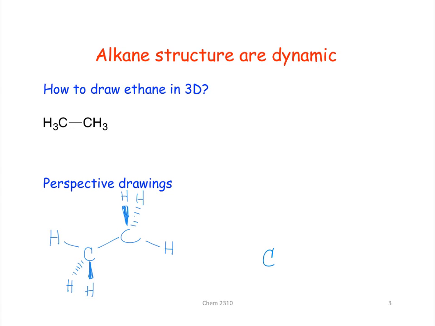So here's our carbon-carbon bond. Here's the hydrogen, the wedged bond, and the dashed one. And so what if we put this hydrogen going straight up like this? We'd still have a wedged bond like this, and we'd have a dashed bond like this. So are these the same? Do they look exactly the same?